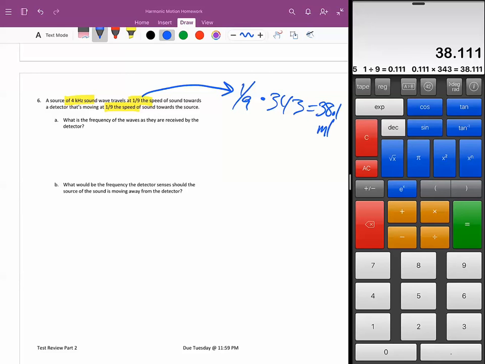Your hertz, this is a kilo. So 4 times 1,000 hertz for each kilo gives you a total of 4,000 hertz.